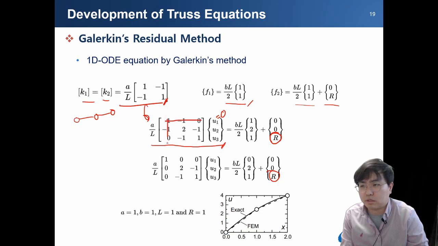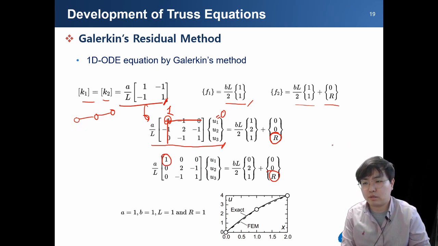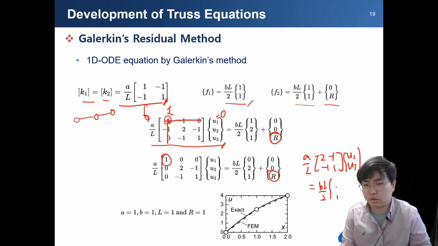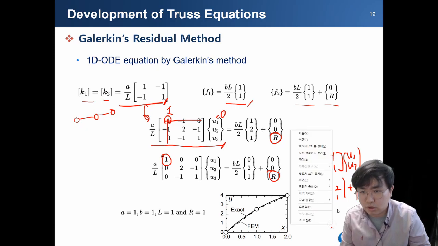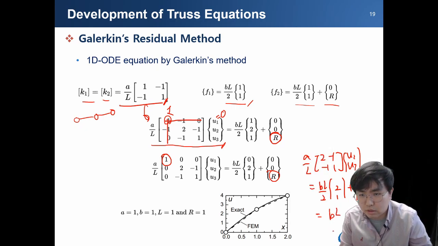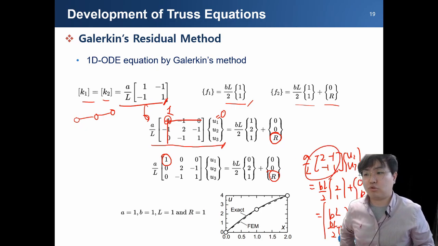That means you can cancel it out, and this part becomes 1. So this is the same form of the 2 by 2 matrices, with U2 and U3 equal to the right-hand side. After adding the two parts, EPL plus R, and applying the inversion, you can obtain the solution U2 and U3.